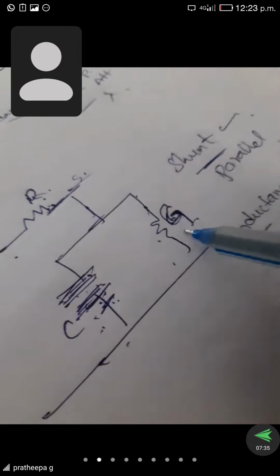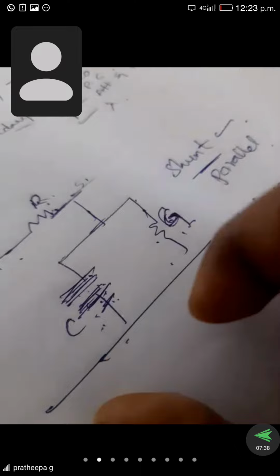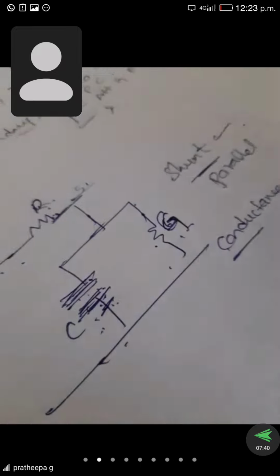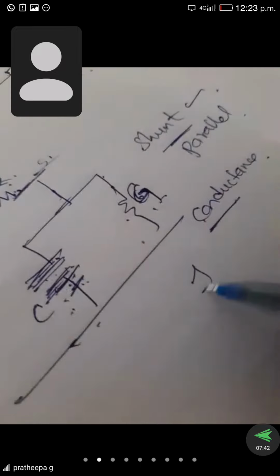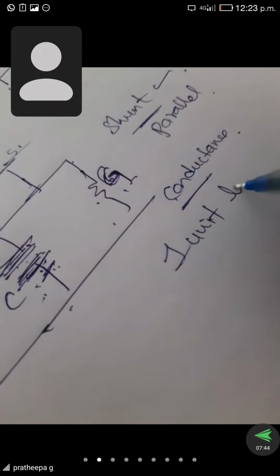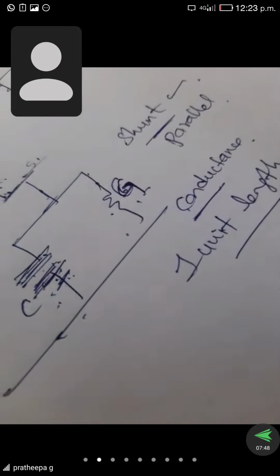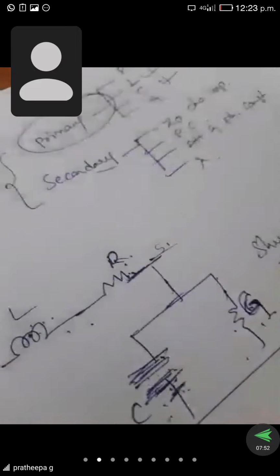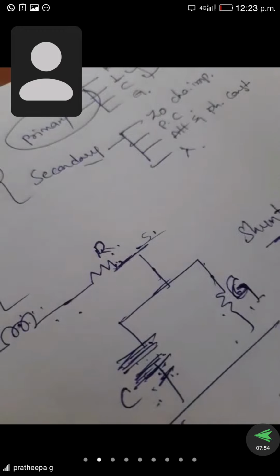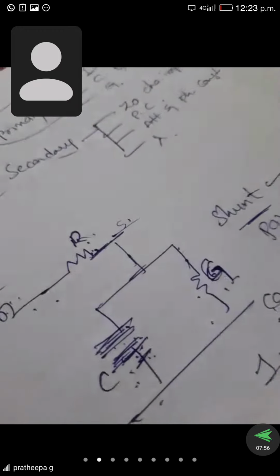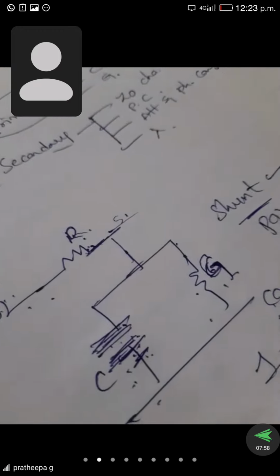G means shunt conductance between two wires. All are considered for 1 unit length in the transmission line. So these are the primary constants. Is this clear?